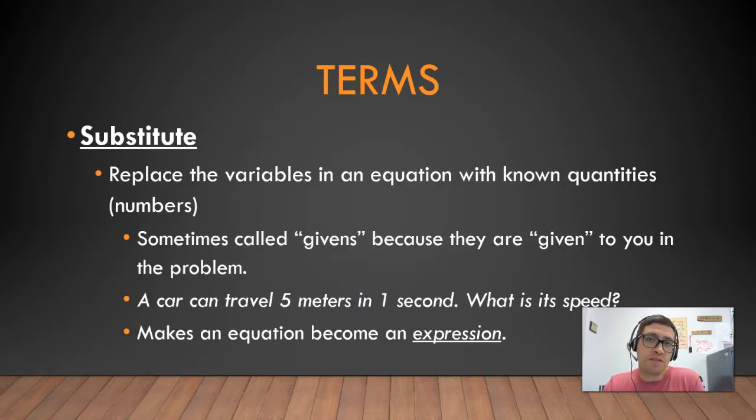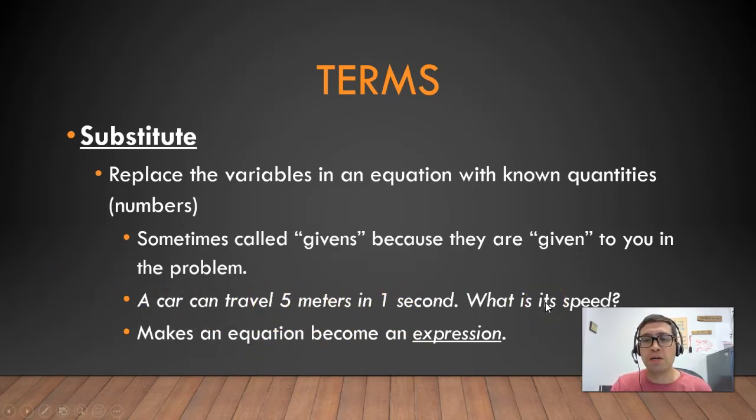Last one we'll talk about on this video is the word substitute. All right, so we're going to take the previous two words, variable, and we're going to replace the variables in an equation with known quantities or numbers. Sometimes those known quantities are called givens, and that's because they are given to you in the problem. For instance, you might have a problem that says something like this: a car can travel 5 meters in 1 second.